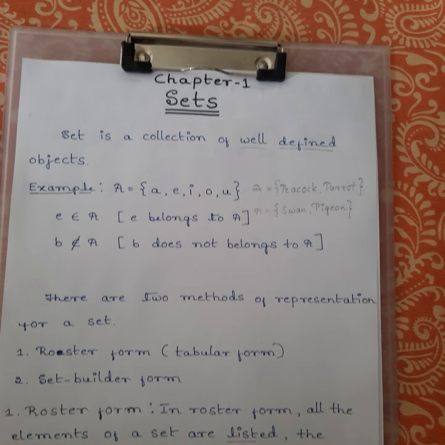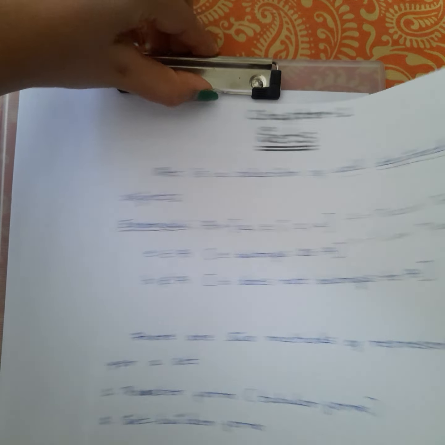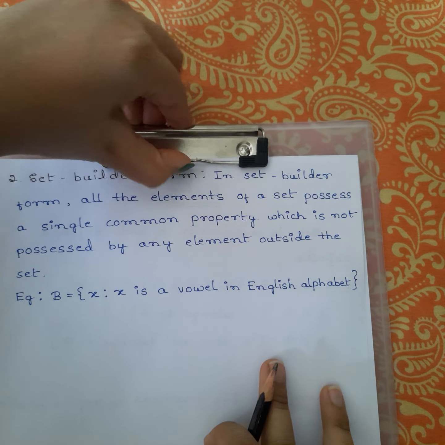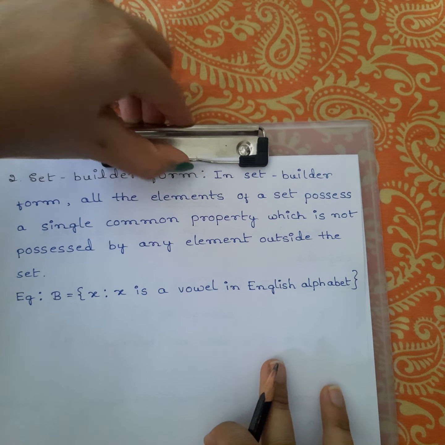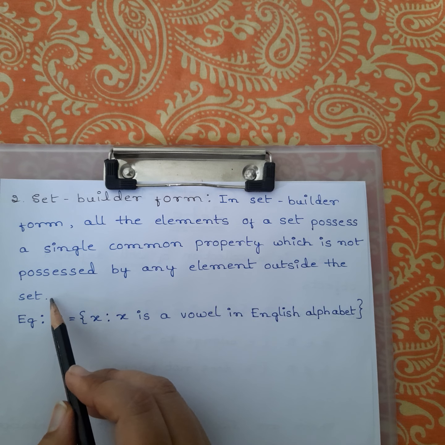Next we move on to the second method of representation, that is set builder form. In set builder form, all the elements of a set possess a single common property which is not possessed by any element outside the set.